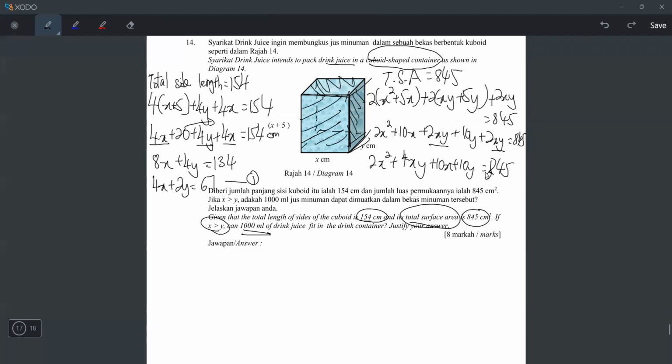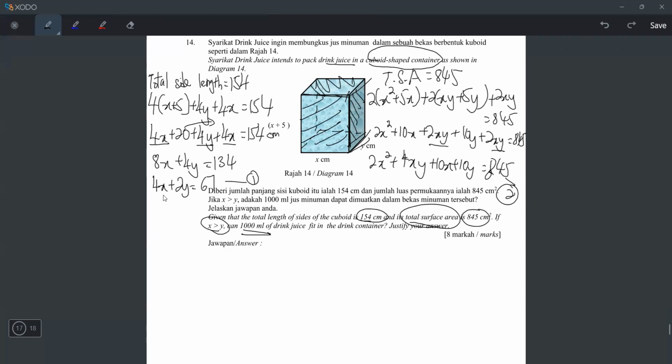You cannot simplify this further. So this is equation 2. If you want to do simultaneous here, you should use the substitution method, not elimination, because you can see this has a square, it's quadratic, so it's non-linear. This is linear, but this is non-linear. So definitely you should use substitution.